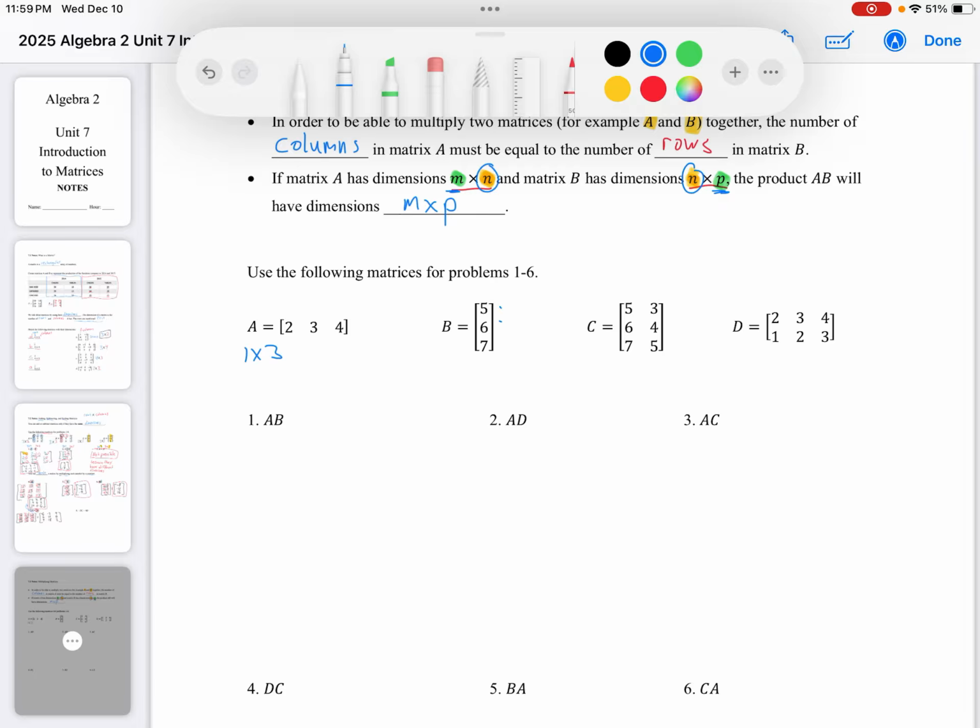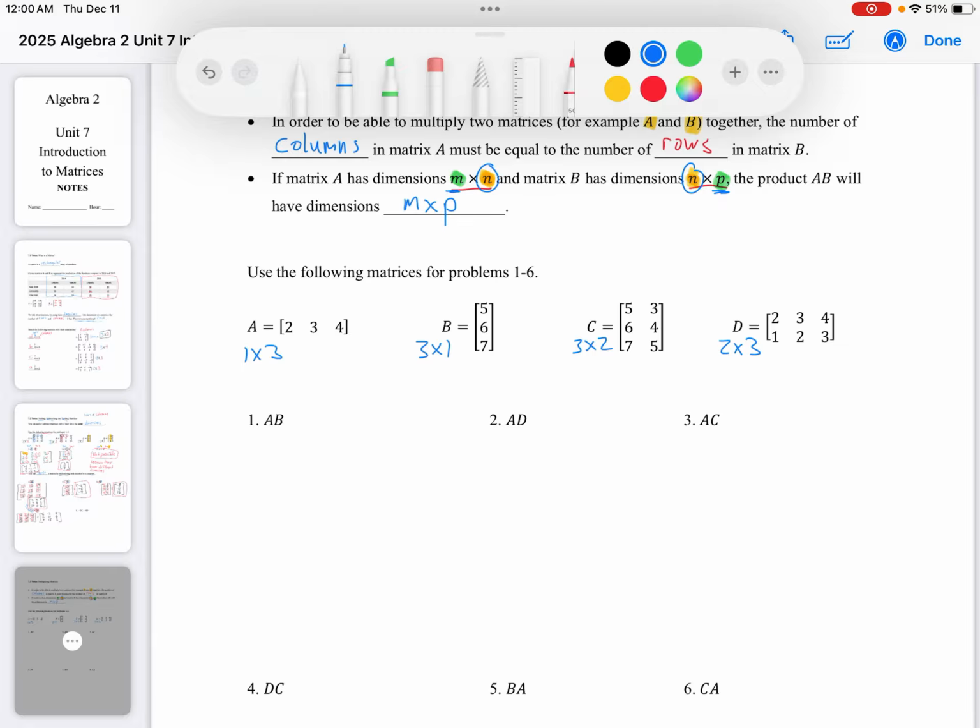Matrix B has 3 rows and 1 column, so this is a 3 by 1 matrix. Matrix C has 3 rows and 2 columns, so this would be a 3 by 2 matrix. And finally, matrix D has 2 rows and 3 columns, so this would be a 2 by 3 matrix.